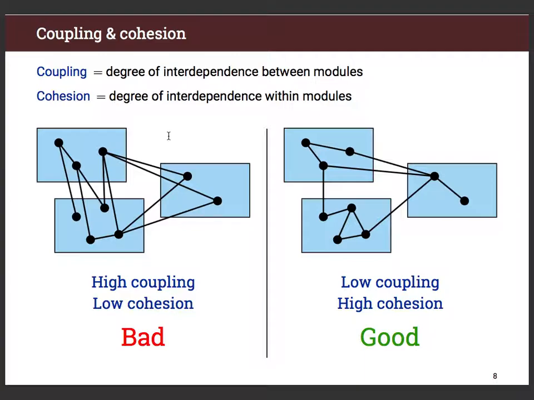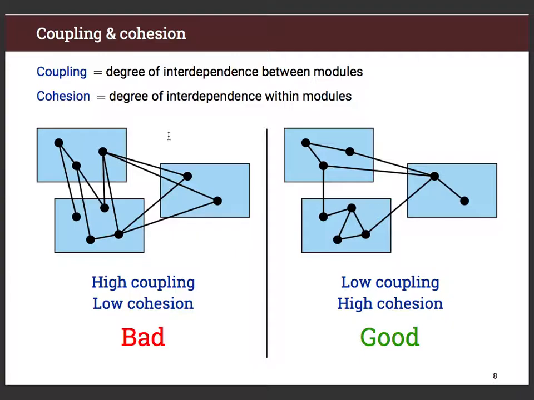Does it do only one thing? Or does it do a lot of separate things? I want the module by itself to be cohesive. It has one concern that it addresses, and that's all it does, and it does it well. So I want little cohesive modules.